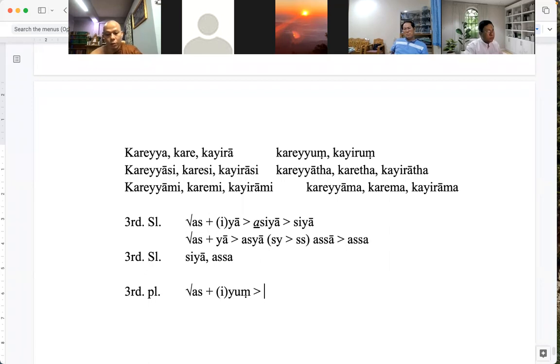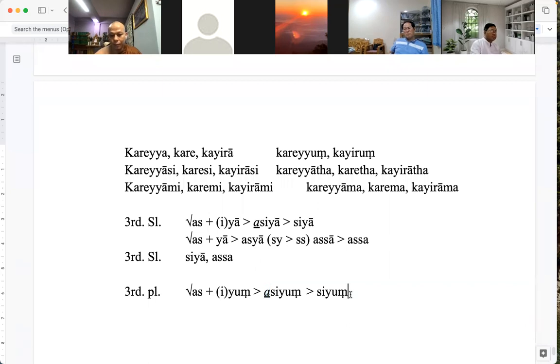So here also we have si-yo, but here also the a is dropped. So we have the si-yo form.